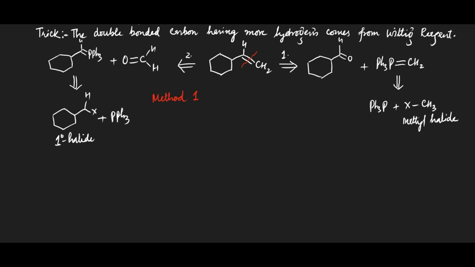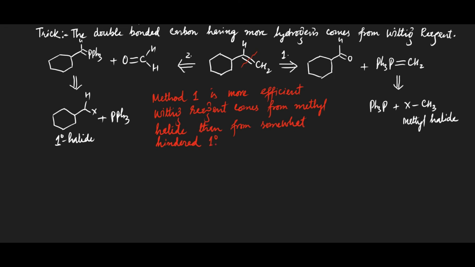Method 1 is more efficient, because in that case, the Wittig reagent comes from methyl halide, compared to method 2, in which the Wittig reagent comes from a comparatively hindered primary alkyl halide.